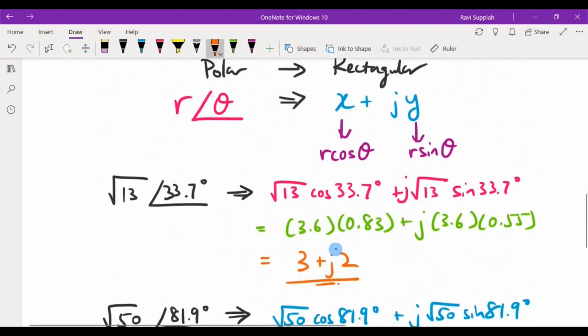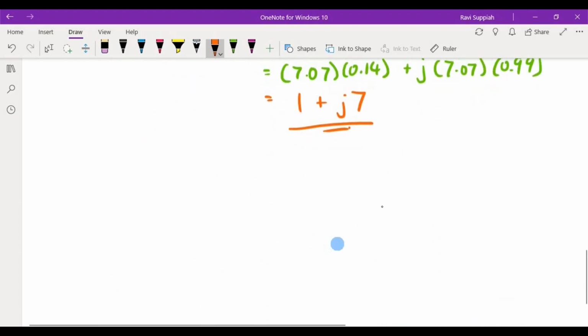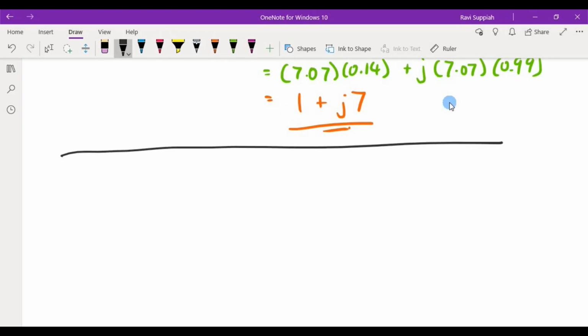So now you have learned how to convert a complex number from rectangular to polar and polar back to rectangular. Right now I'm going to focus on the benefits of converting them to polar form.